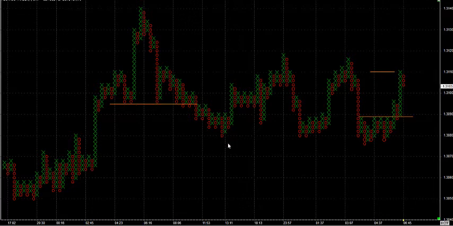There was a move to the upside, and then shortly after it dropped, and it was a better sell than trying to scalp it off the news to the upside, because it really wasn't going to go very far. These point and figure charts helped me stay away from that head fake to the upside. There was a clear level of resistance, and I stayed away from it. Then I waited for it to turn around and give me a signal to short it, and that was the perfect trade for the day.